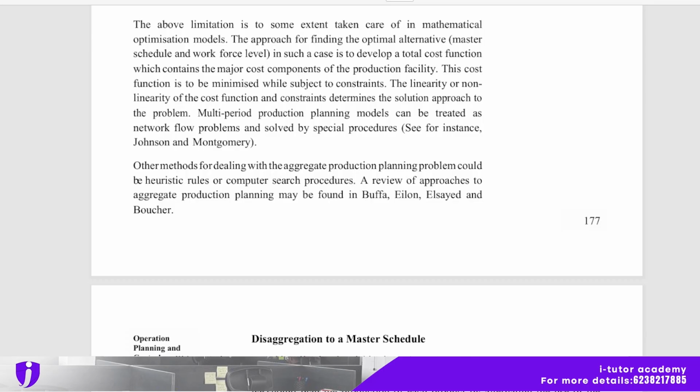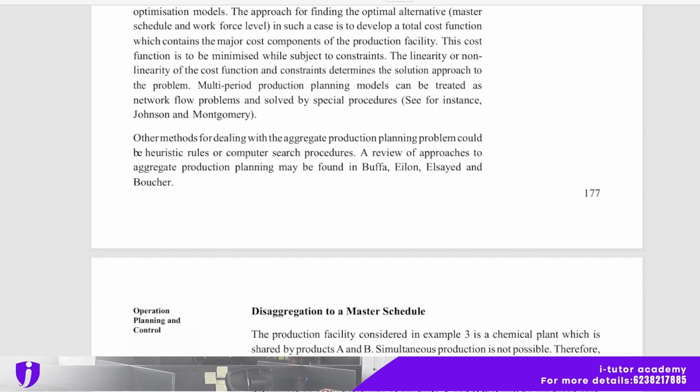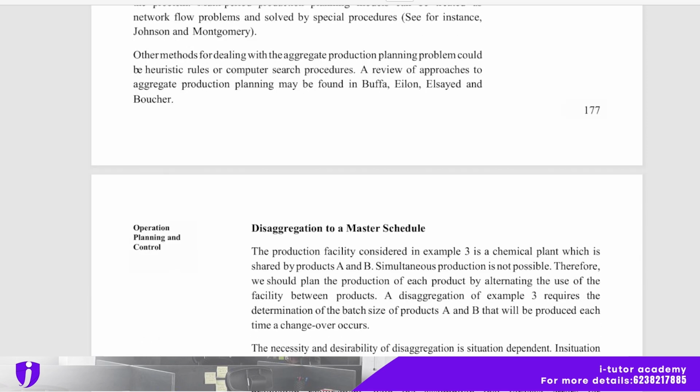The multi-period production planning model can be treated as a network flow problem and solved by special procedures. Other methods for dealing with the aggregate production planning problem could be heuristic rules or computer search procedures. A review of approaches to aggregate production planning may be found in Buffa, Elion, and Elsayed and Boucher.